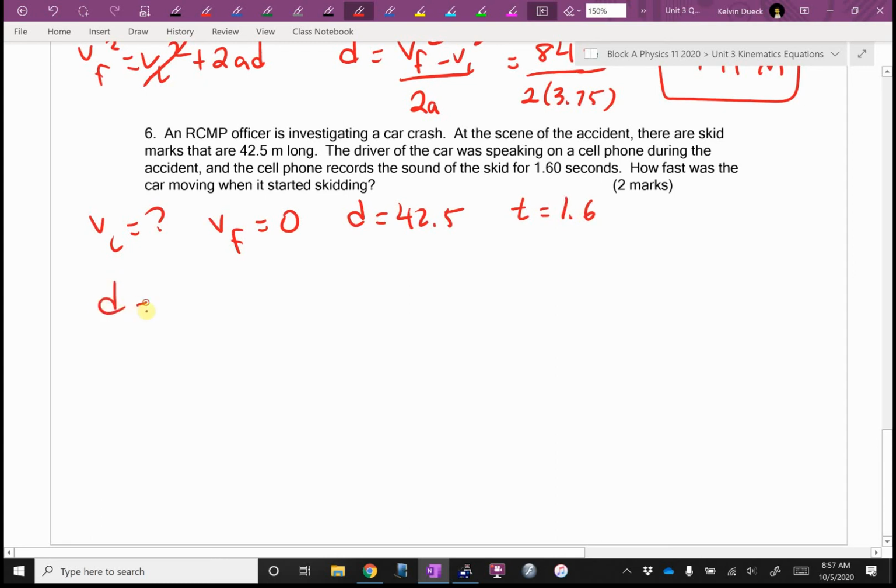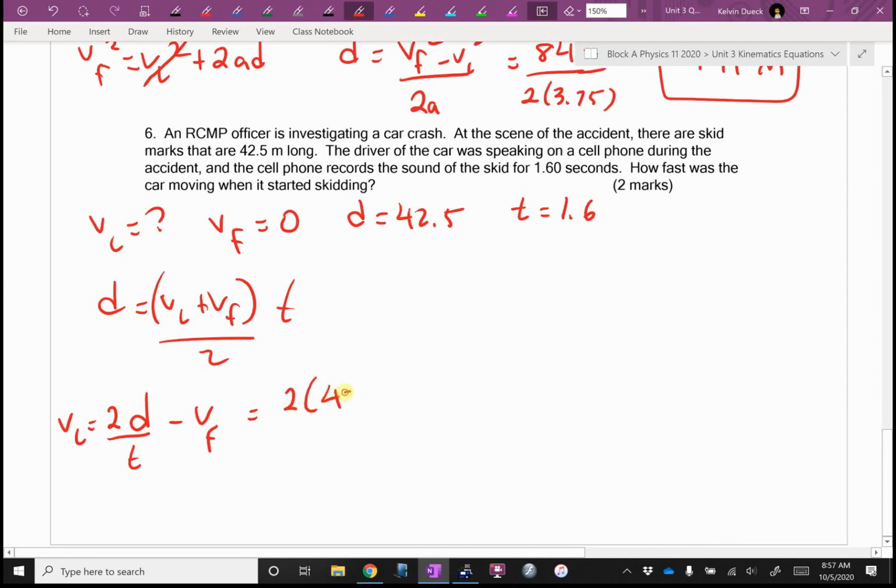So it's going to be D equals VI plus VF all over 2 times T. Did that equation not very long ago. We're going to get the VI by itself. The D drops down, times by 2, divide by T, and then minus VF. That's going to be VI. It's going to be 2 times 42.5 divided by 1.6. Oh, VF is 0, so I really didn't need to bother writing that, did I?